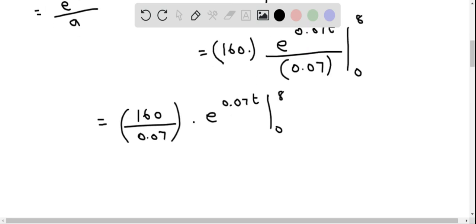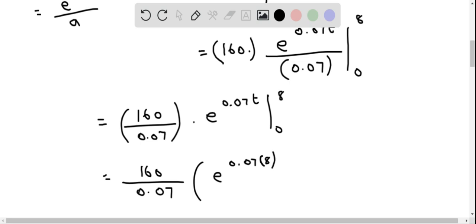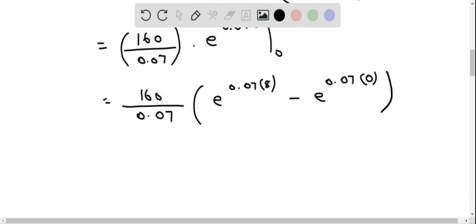So let's do that. This becomes 160 divided by 0.07 times e raised to the power of 0.07, we replace t by 8, so it becomes 0.07 times 8, minus e raised to the power of 0.07 times, we replace t by 0, so it becomes 0.07 times 0.